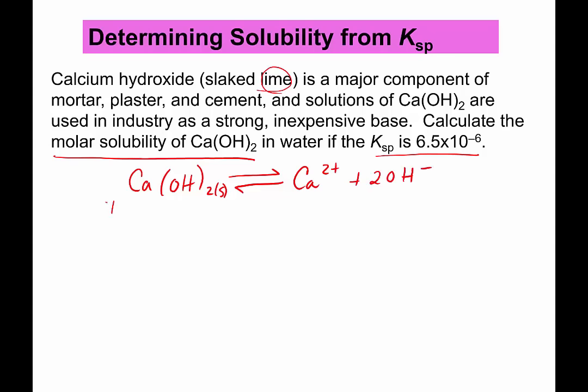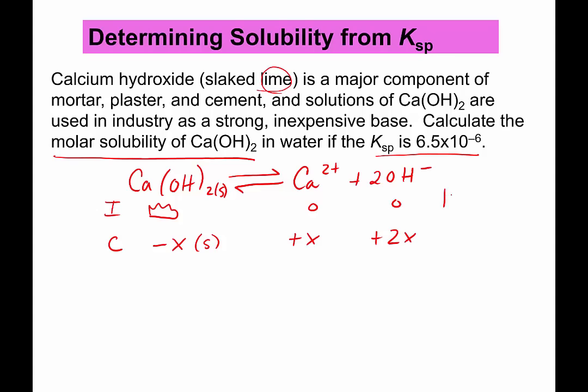Initially we have some solid amount of calcium hydroxide. We don't have any calcium 2 plus or hydroxide. Our change is negative X, or you can call this our solubility. Then we get plus X for calcium and plus 2X for our hydroxide.